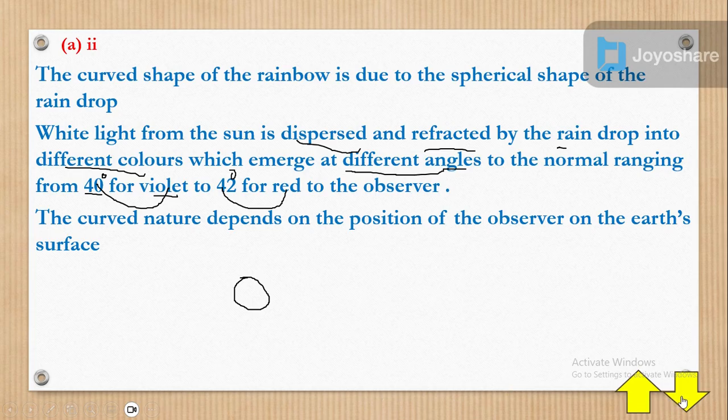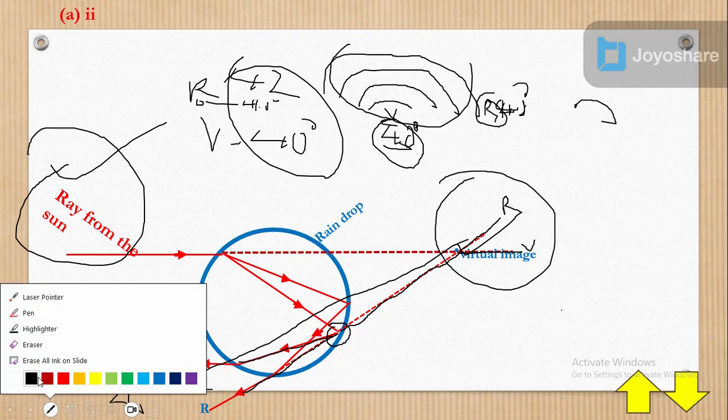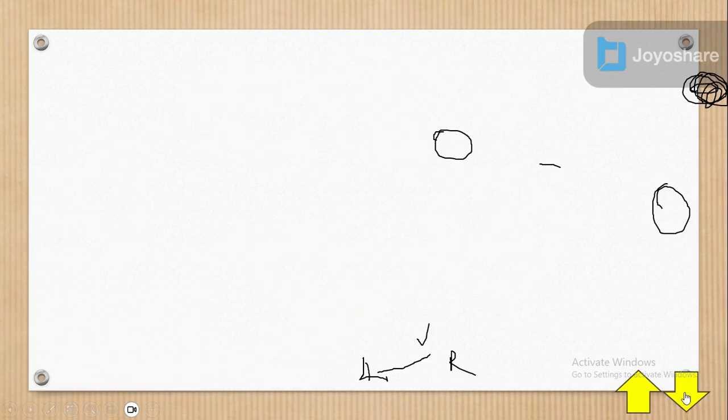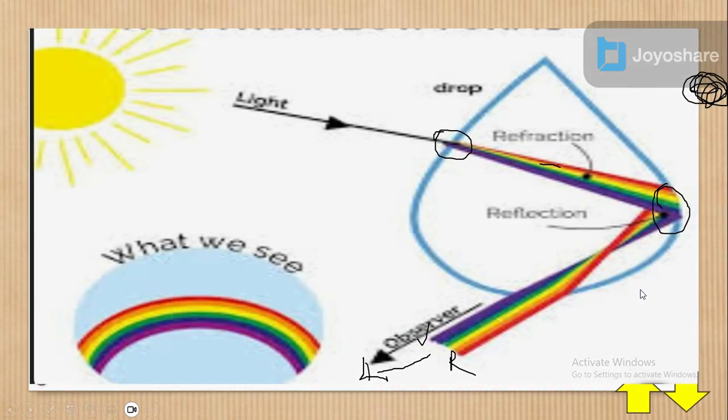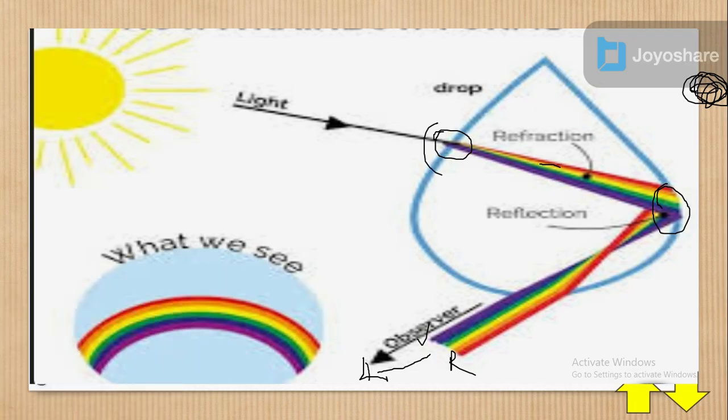For example, if someone is viewing this rainbow here, in fact, let's use the 3D. Okay, this is our 3D version. You see that here, at the first instance, refraction took place to give us those different colors.